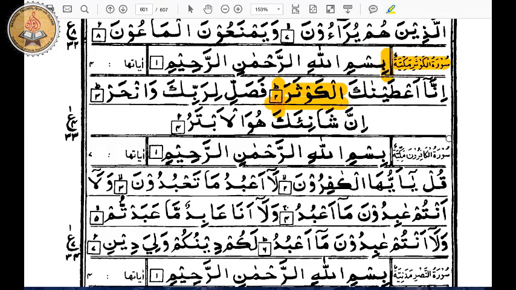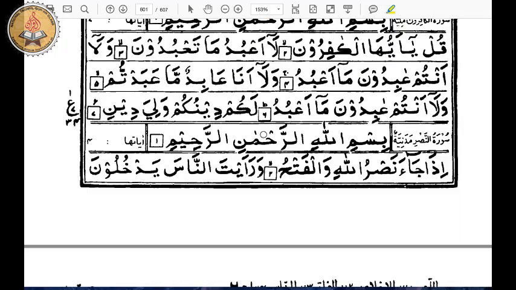Bismillahirrahmanirrahim. Inna atainakal kawthar. Fasalli li rabbika wanhar. Inna shani'aka huwal abtar. Okay, excellent.